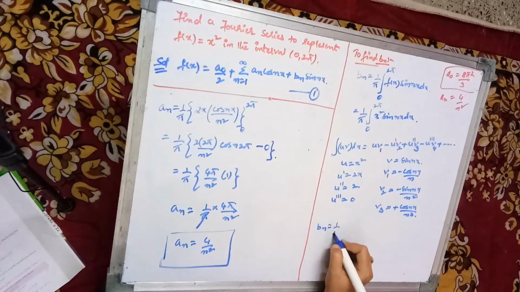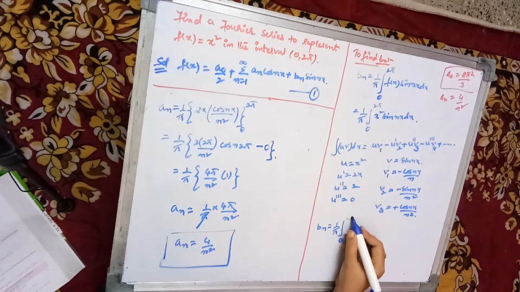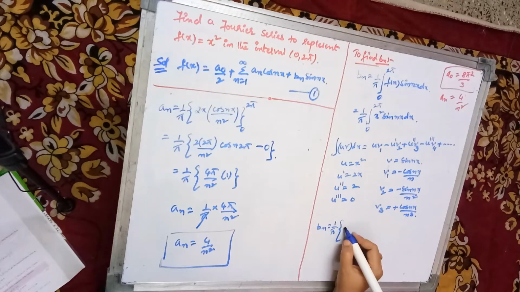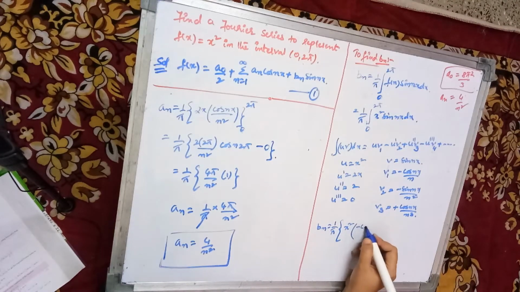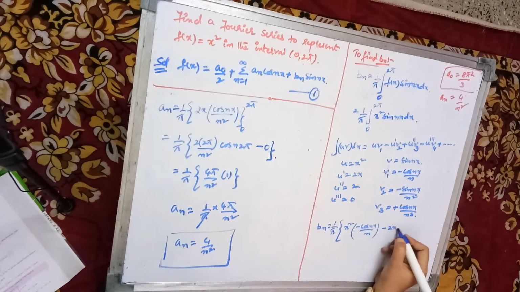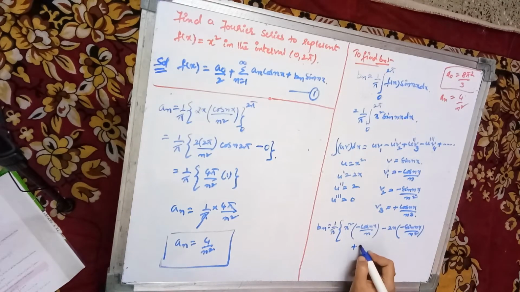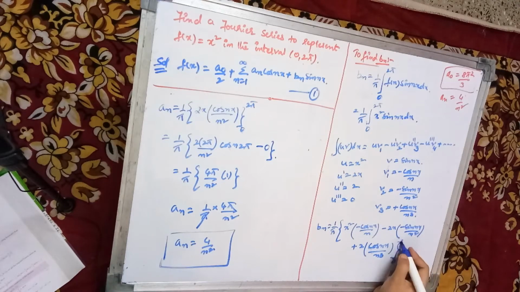Bn is equal to 1 by pi integrating 0 to 2 pi. Substituting now, bn is equal to 1 by pi of u is equal to x square, v1 is equal to minus cos nx by n, minus u dash is equal to 2x, v2 is equal to minus sine nx by n square, then plus u double dash is equal to 2, v3 is equal to cos nx by n cube, with limits from 0 to 2 pi.